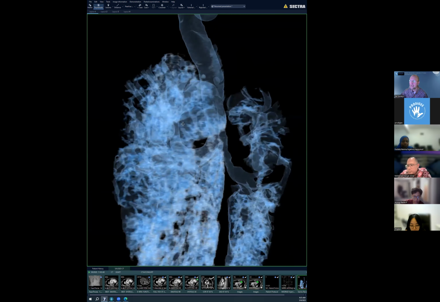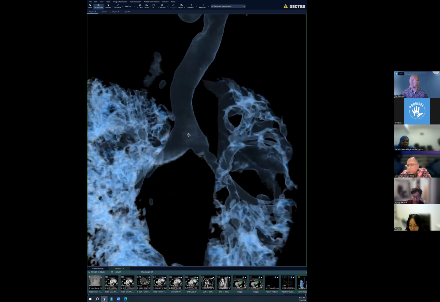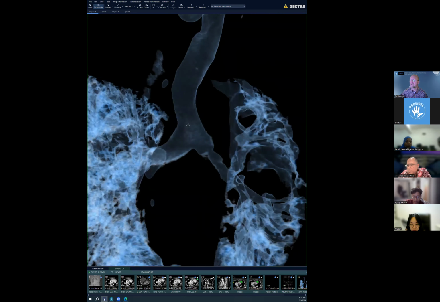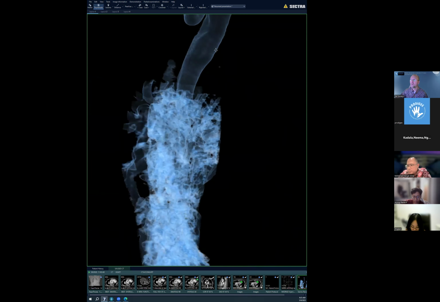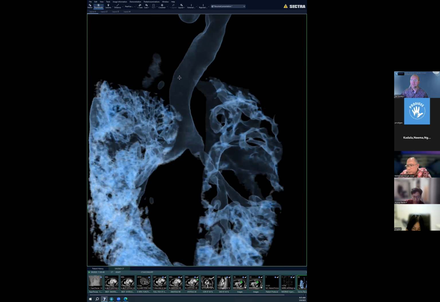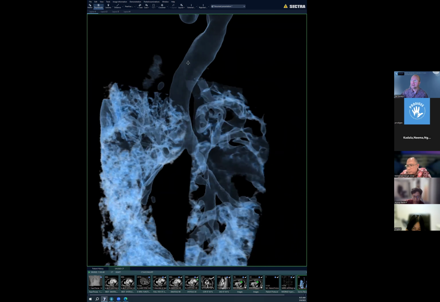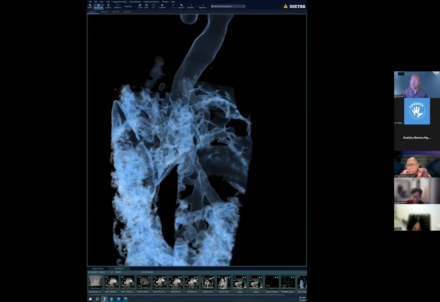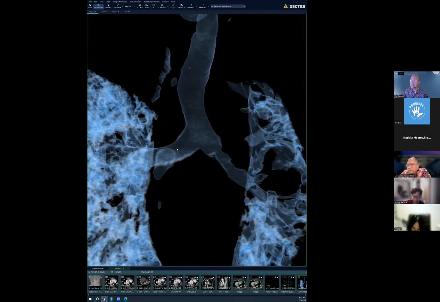So we have a little bit of tracheobronchomalacia. The normal morphology of the trachea should be more like this, where even if you have kind of flattening or a little bit of anterior movement of the membranous portion of the trachea, you still want the cartilages to be C-shaped. So definitely we have a big problem here on the right side.